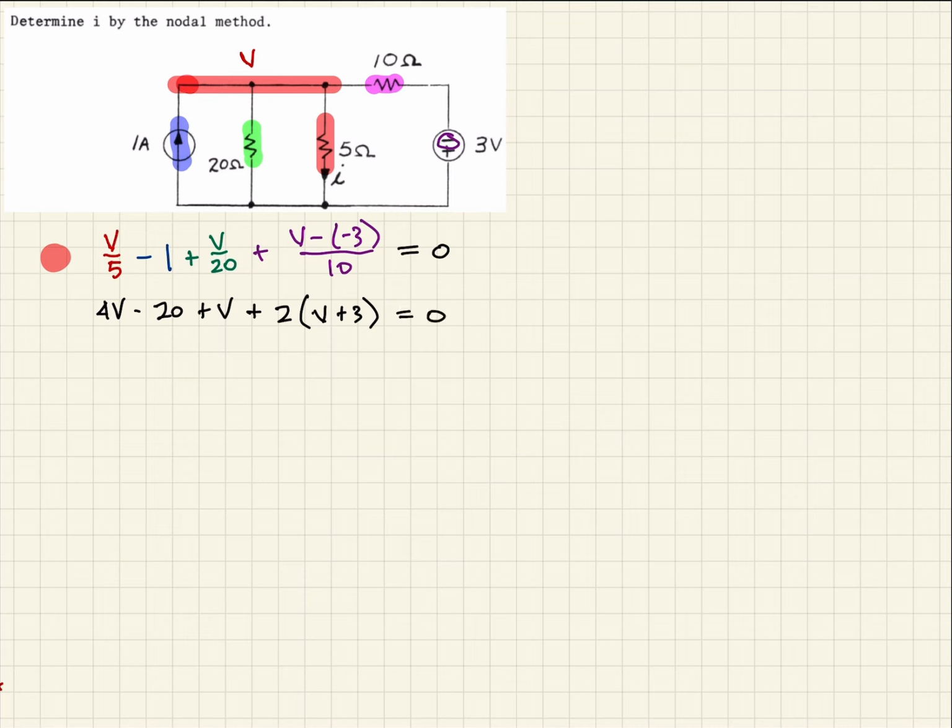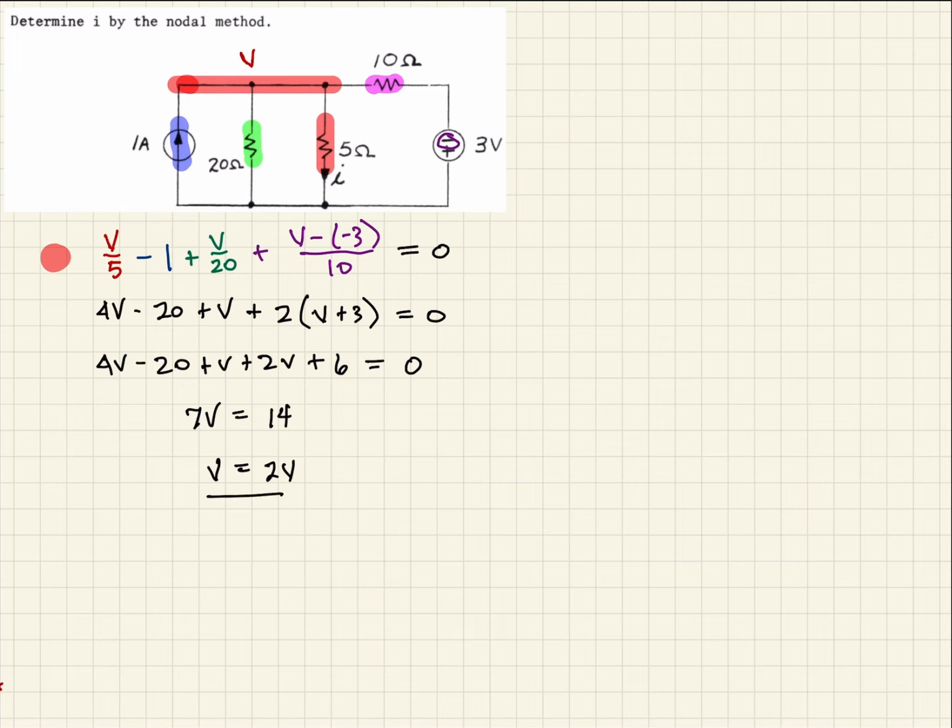And then we can continue this as 4V minus 20 plus V plus 2V plus 6 is equal to 0. Now we need to combine like terms, so there's 4V plus V plus 2V, that's 7V, and that's going to equal 20 minus 6, which is 14. So V should equal 2 volts.